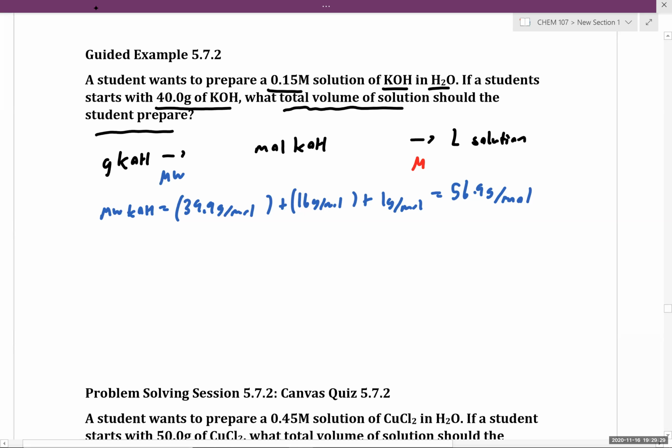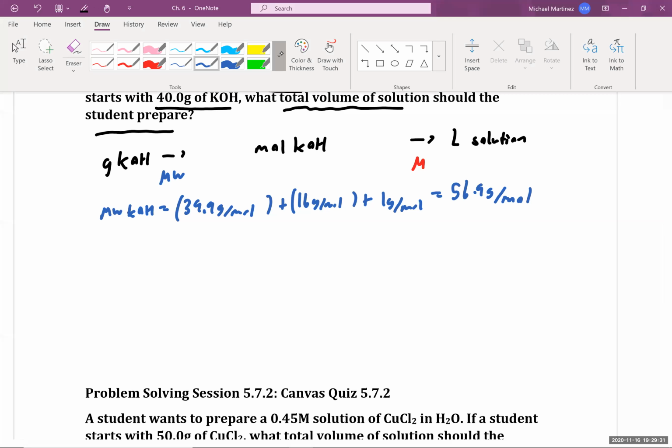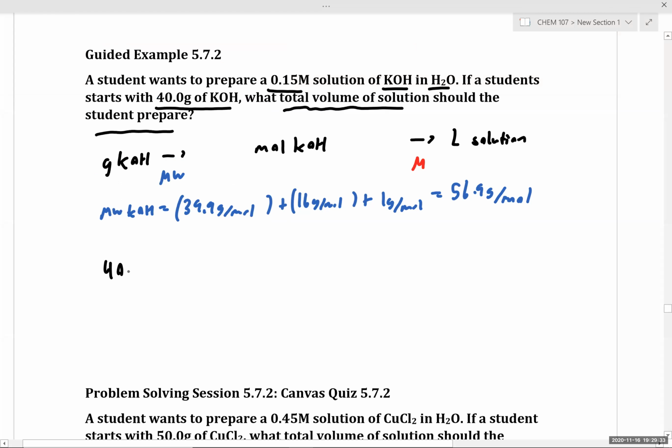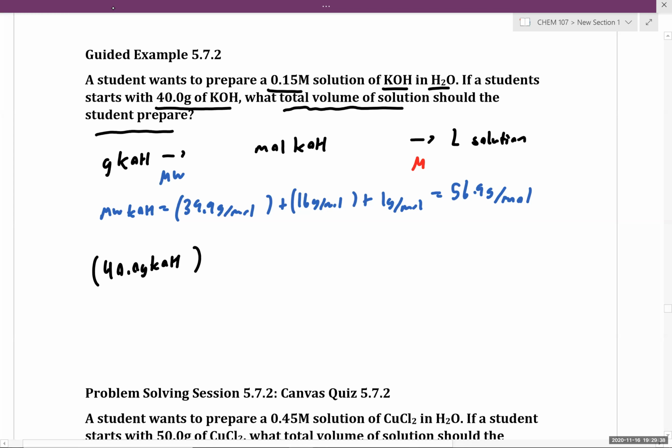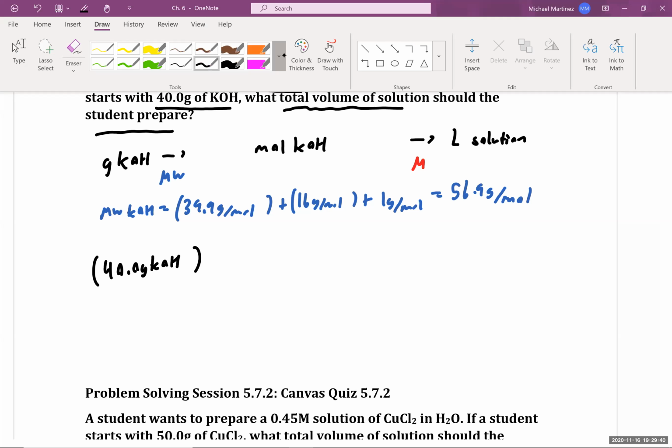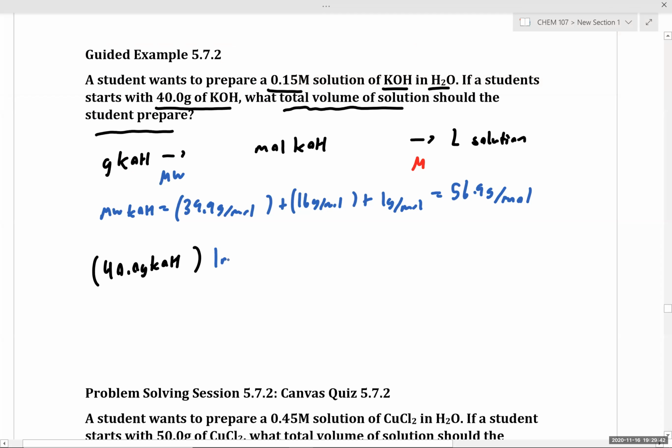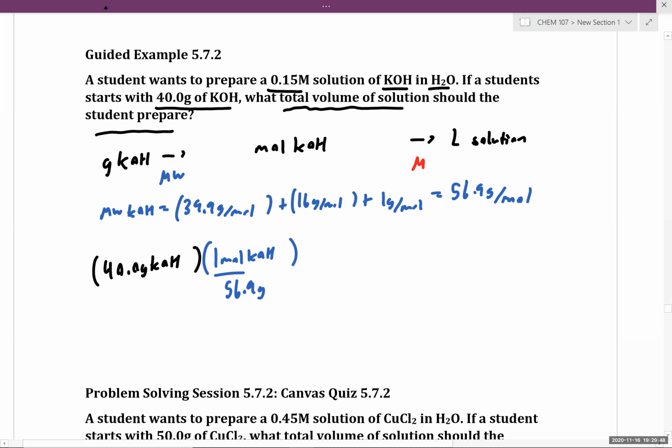Okay. So then, if we have 40.0 grams of potassium hydroxide, we know that in 1 mole of potassium hydroxide, we have 56.9 grams.